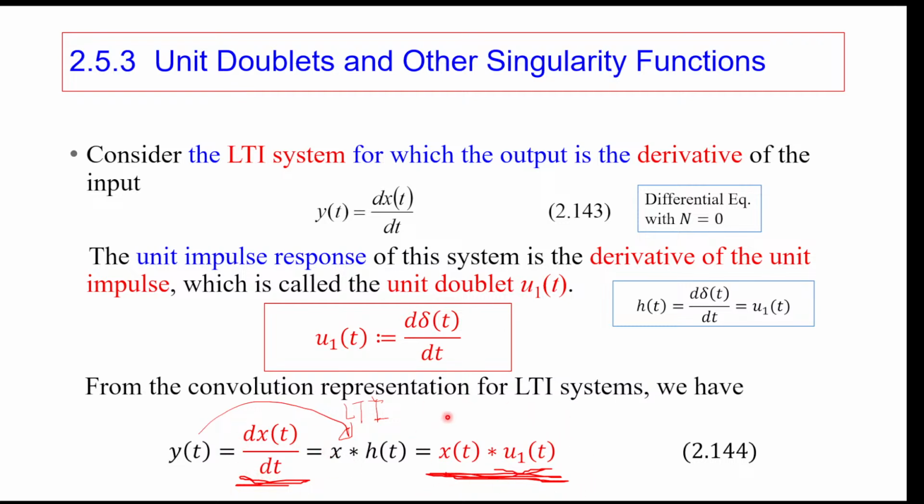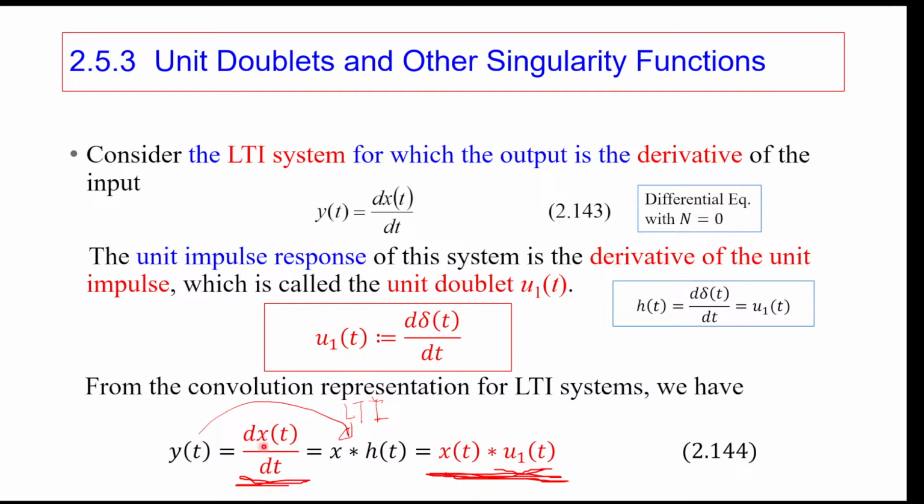And so we get something very interesting. You want to do a derivative? One way to do a derivative is by actually doing convolution, convolution with this very weird function d delta dt. This is a unit doublet.